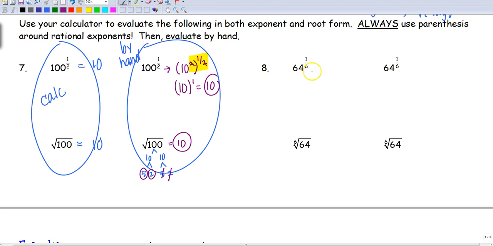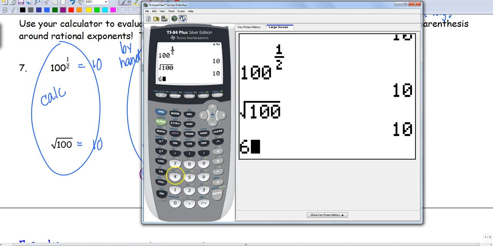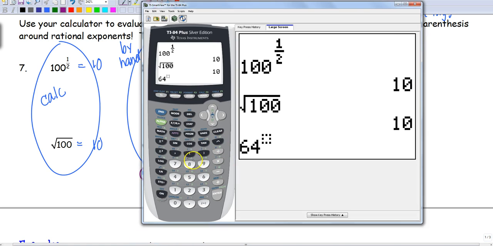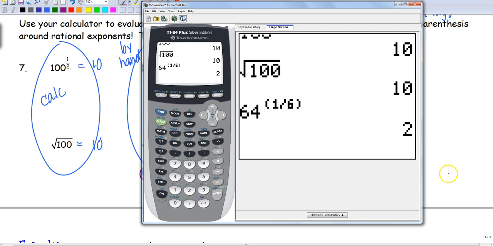Okay. All right, so 64 to the 1/6 power, we're going to do these again with our calculator, just making sure you can type them in. So 64 to the, remember parentheses, especially if you have the older operating system, and you get a 2.